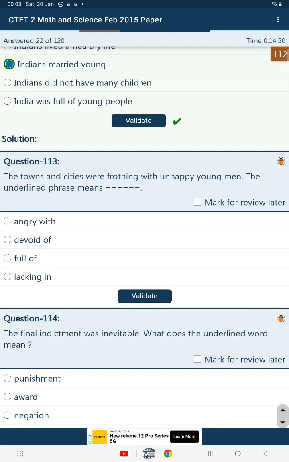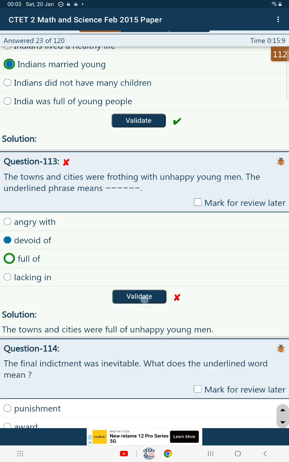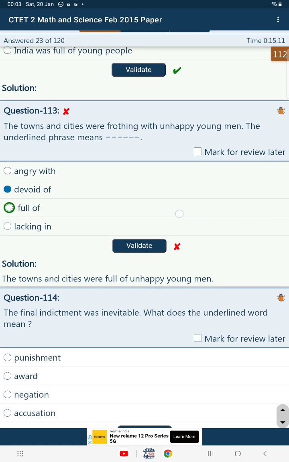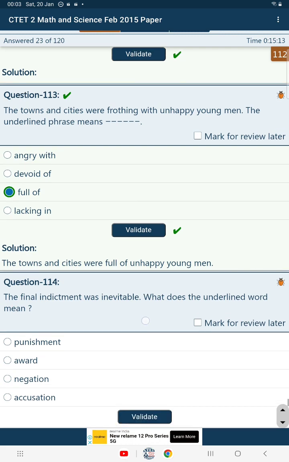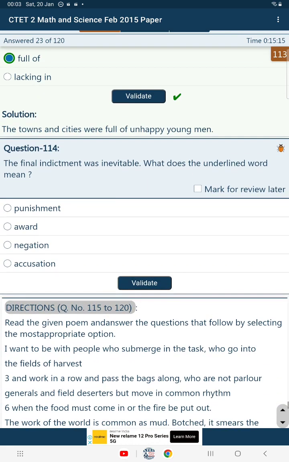The town and cities were frothing with unhappy young men. The underlined phrase means full of. The answer is full of. The towns and cities were full of unhappy men.